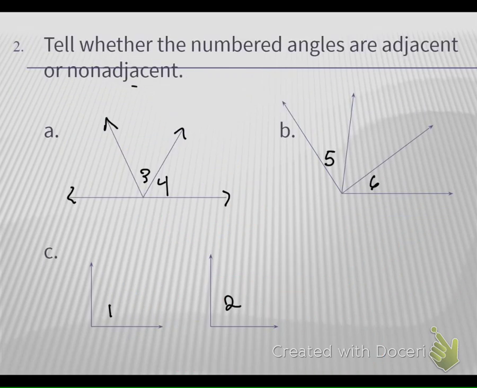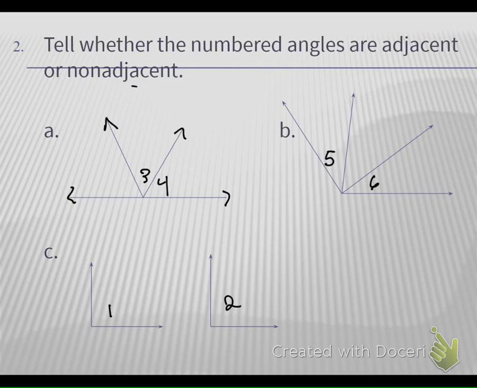Our first part here is we want to determine whether the numbered angles are adjacent or non-adjacent. So what was our definition of adjacent angles? Gave it to you on the last page. Yusef? So angles that share a common vertex. And? One side, but no common interior. Exactly right. So if we look at 3 and 4, do they share a common vertex? Yep.